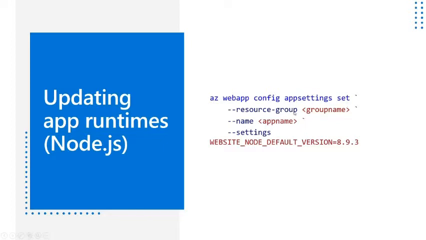Then you say the resource group and the name of the app, and in settings you add WEBSITE_NODE_DEFAULT_VERSION 8.9.3. This sets the application setting to the version of Node.js that you wish to use. So you add this in the app settings. I will show you how you can do it in the portal as well, but this is how you can do it using CLI.